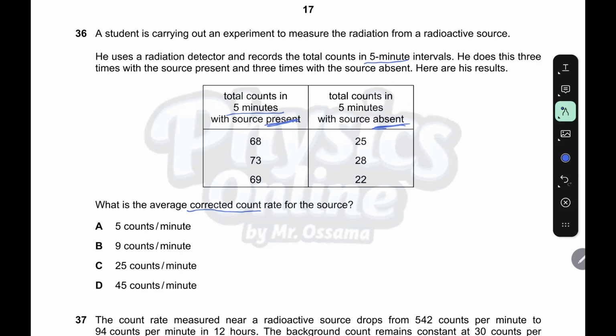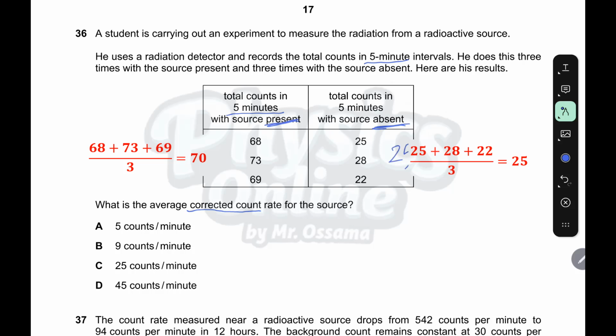for the source? We'll take the average with the source: 68 plus 73 plus 69 divided by 3. We find the average here is 70. Then take the average of the background radiation: 25, 28, 22. We find the average here is 25.